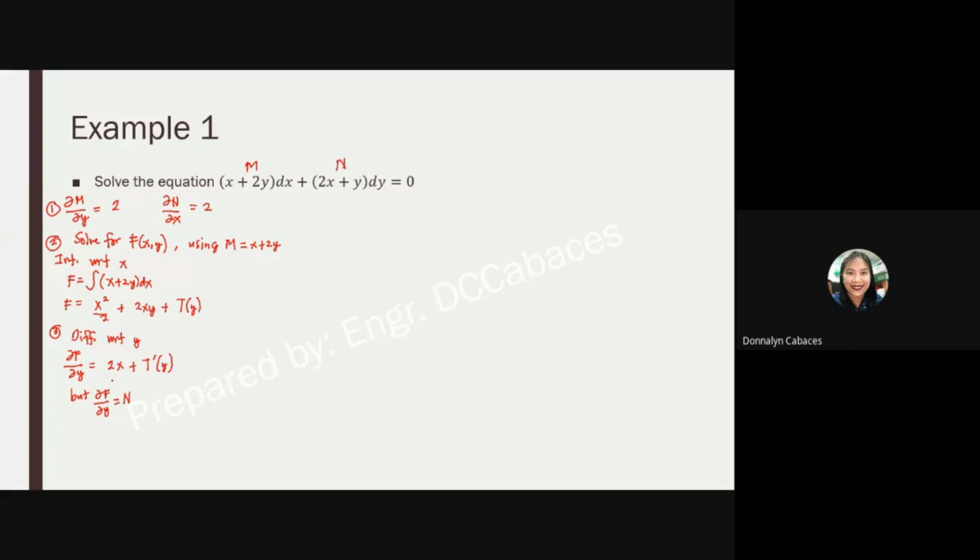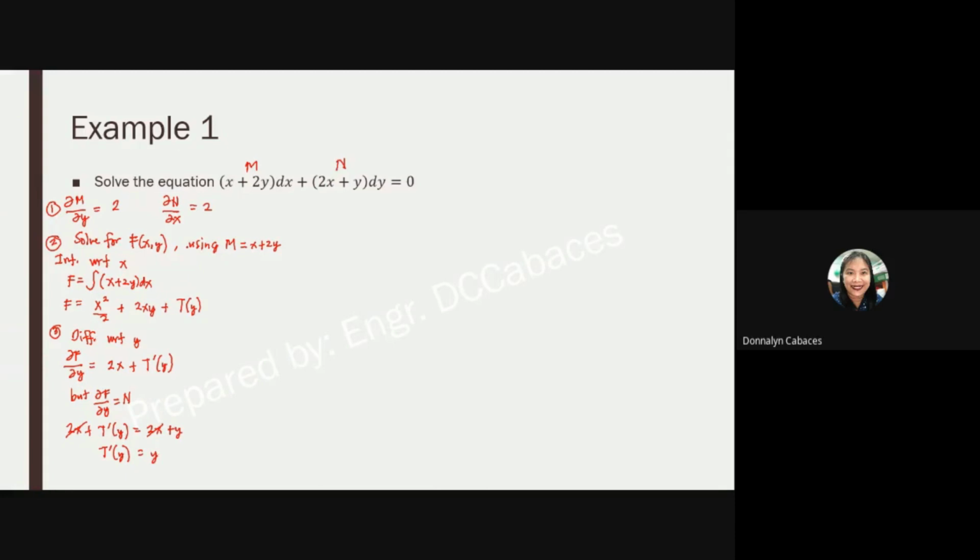So, equating the two, you have 2x plus t prime of y is equal to n. This is our n, 2x plus y. So you have 2x minus 2x, and therefore your t prime of y is equal to y.